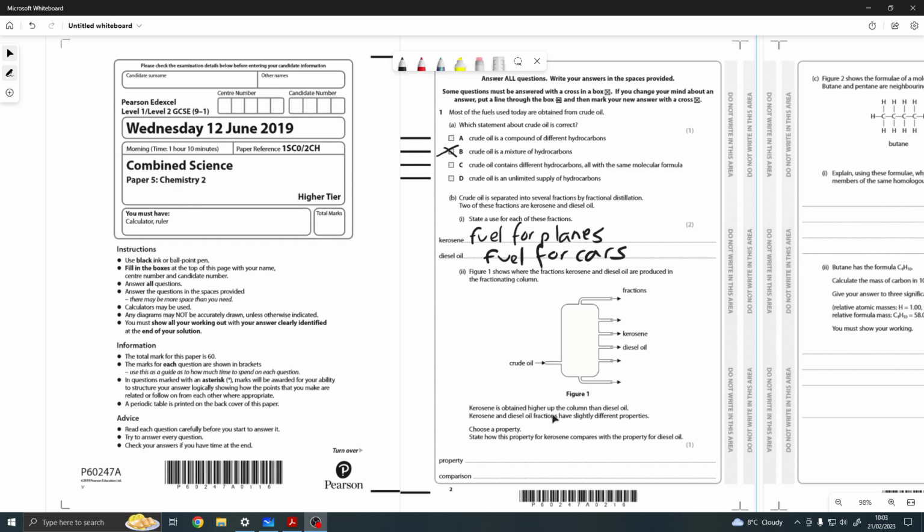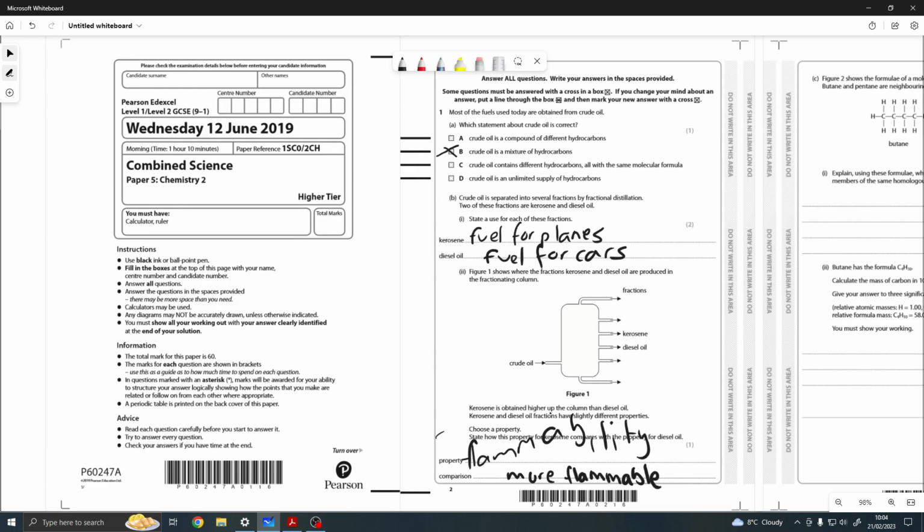So, you might choose to go for, for example, flammability. Let's just go for flammability. I'm wandering off here. Flammability. It's very hard to write with this pen. And of course, it gets more flammable as you go up. Brilliant.